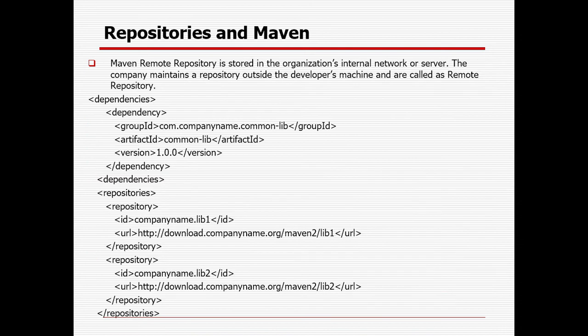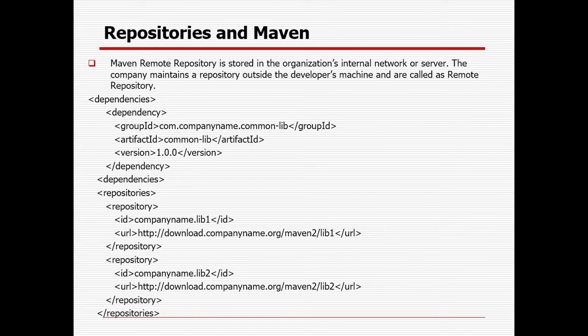Okay, in case a particular organization is working on something, they have already created their own repository, which is not available in the central repository. Suppose many organizations can create their own framework, and for their own framework they can add some dependency which is only available in their repository, not on the web.